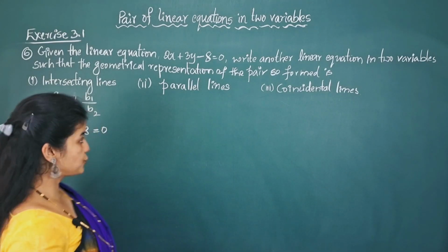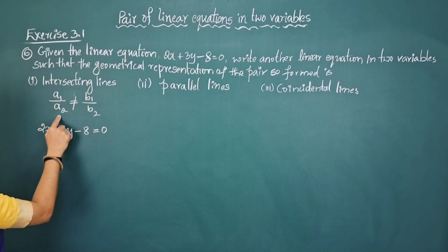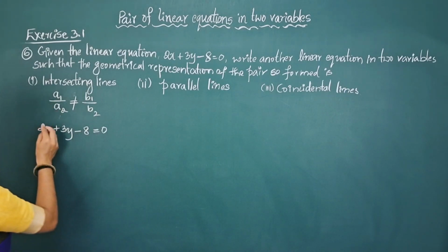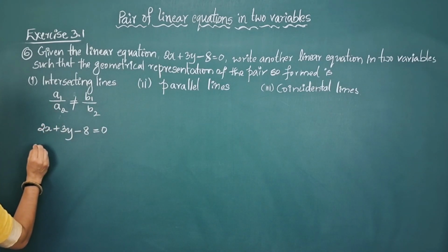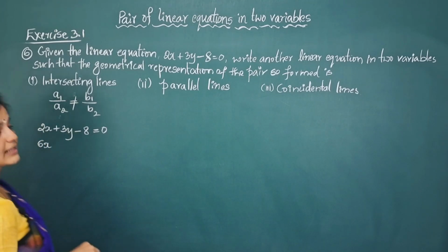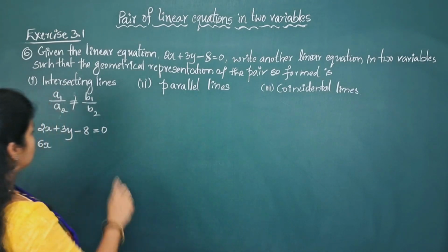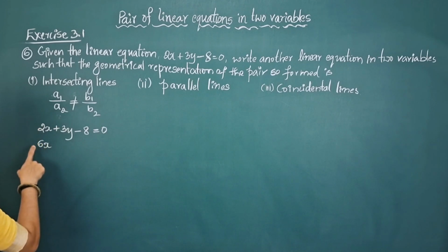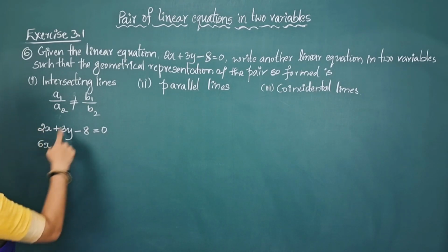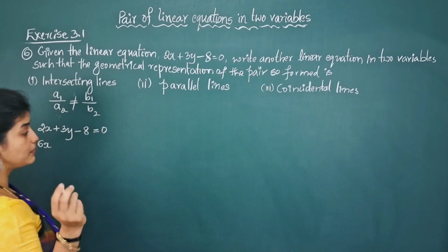The ratio A1 by A2 should not be equal to B1 by B2. If I take A2 as 6x, the ratio A1 by A2 becomes 2 by 6, that is 1 by 3. But that ratio should not come in B1 by B2.